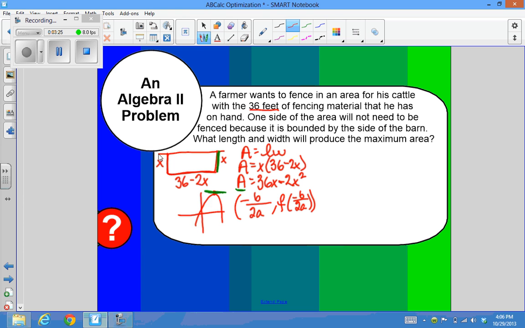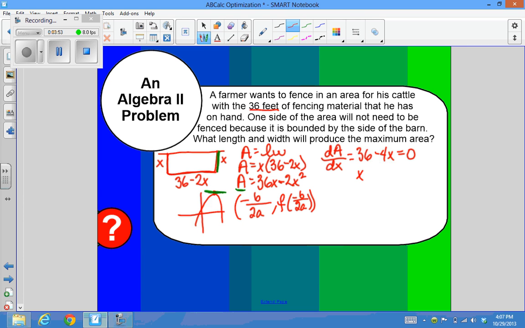So all I have to do, if I have a horizontal tangent, that's the slope of the tangent line being equal to 0. So if I come back up here and I do dA/dx, because I'm taking my derivative of the area with respect to my sides x, that's going to be 36 minus 4x, set it equal to 0 because the slope of my horizontal tangent line is 0.